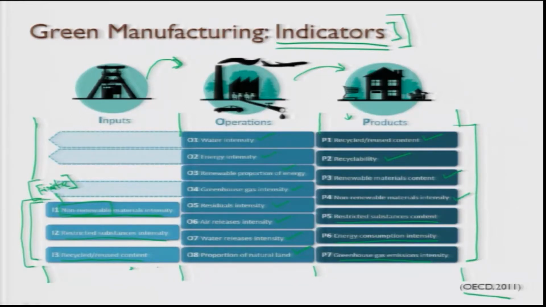The extracting, processing, transporting of these consumes energy, and these also generate residuals. So in this intensity, this residual is already there. Now the next indicator measures the use of the substances that are restricted by law.